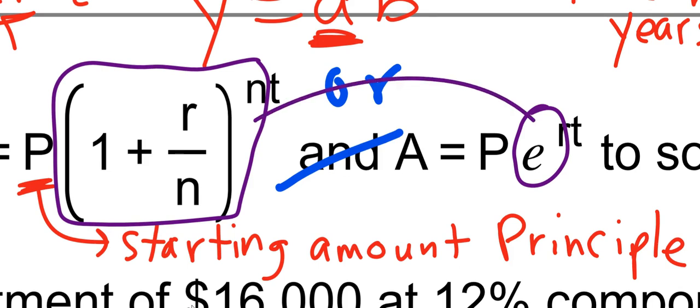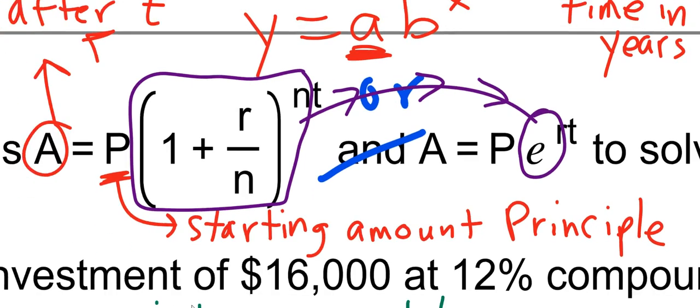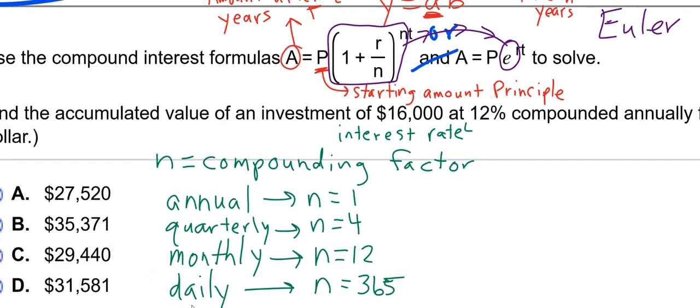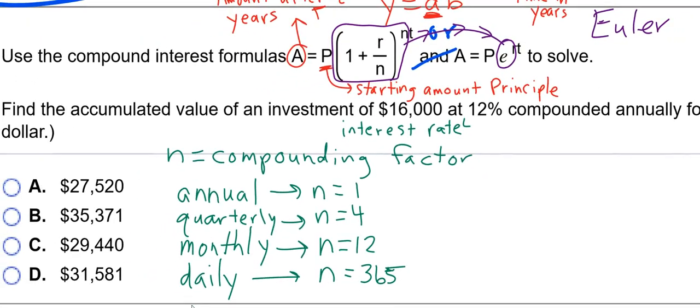All right, so these two purple areas that I have circled, as n gets higher and higher, that becomes that. And so one of the formulas comes from the other formula. Now, when are we going to use the formula on the left?